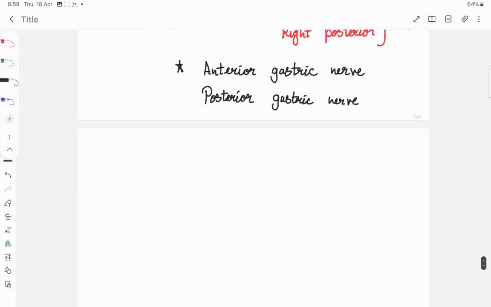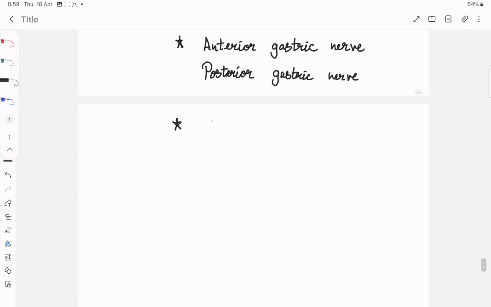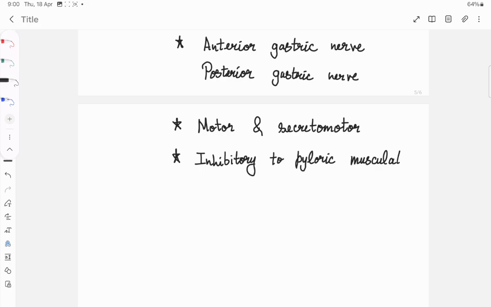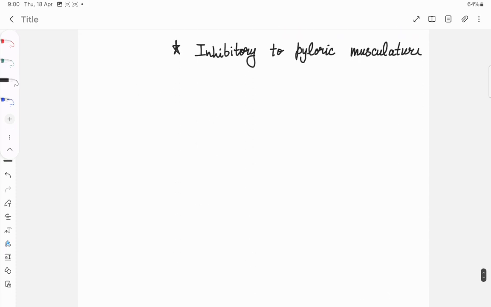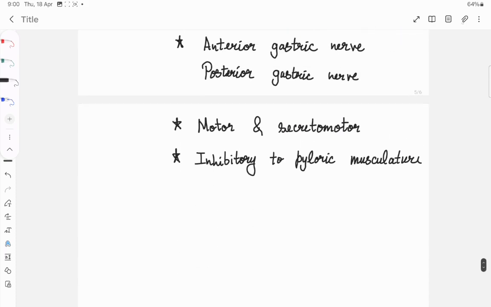So these parasympathetic nerves are motor and secretomotor to the stomach, and inhibitory to the pyloric musculature. So it causes increased motor activity of the stomach and release of gastric juices into the stomach.